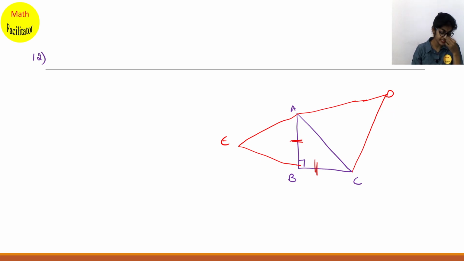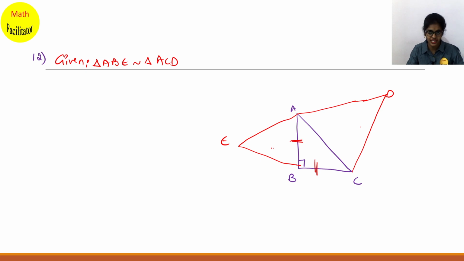Find the ratio between the areas of triangle ABE and triangle ACD. One more thing you have to remember is that ABE and ACD are similar triangles. So what about the ratio of the sides? Their ratio is equal, or you can say the sides are in proportion. Clear? So let's start the proof.